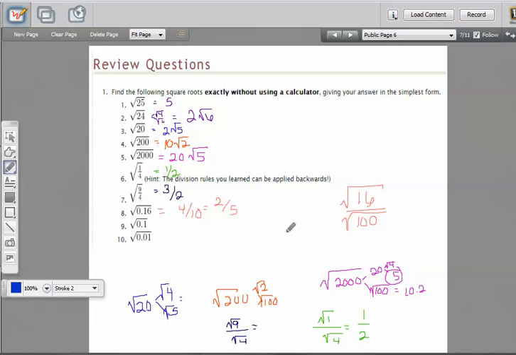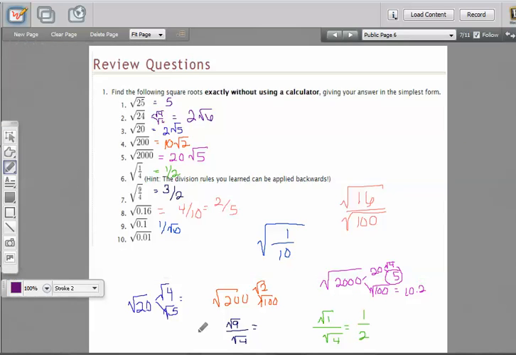For number 9, we have 1 over 10. So we can do the square root of 1, which is 1 over the square root of 10. Generally, we don't want to leave it like that, but we do not know how to rationalize the denominator yet. So we're just going to leave that as 1 over the square root of 10.